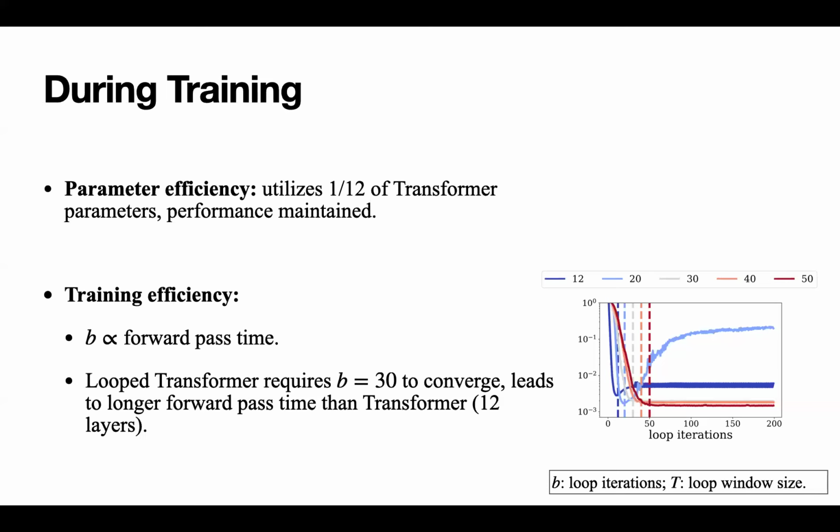So during test time, you don't actually do like 20 plus forward passes, right? During test time, you at least need to reach the B loop iterations. You do enough loops to reach the accuracy that you want.